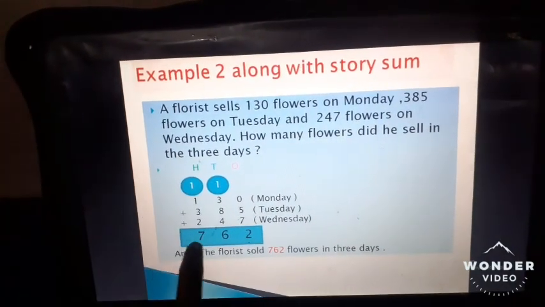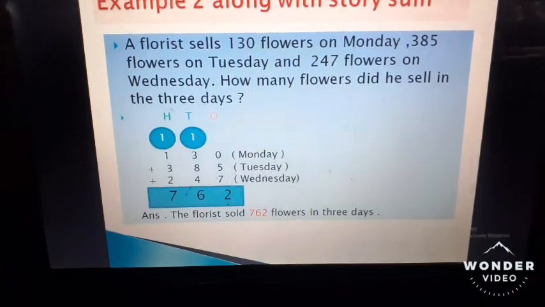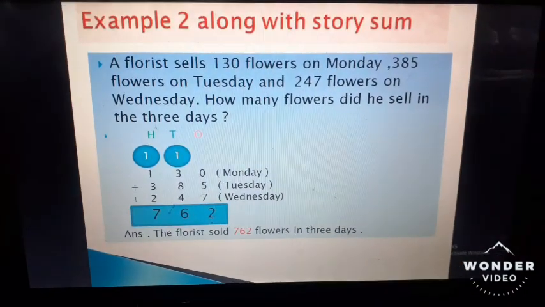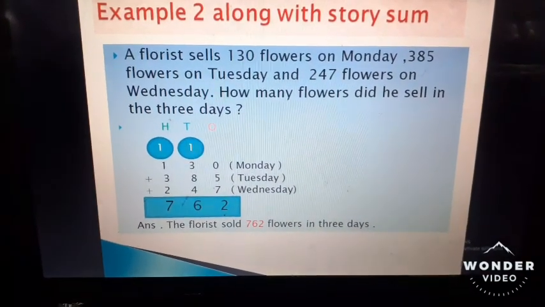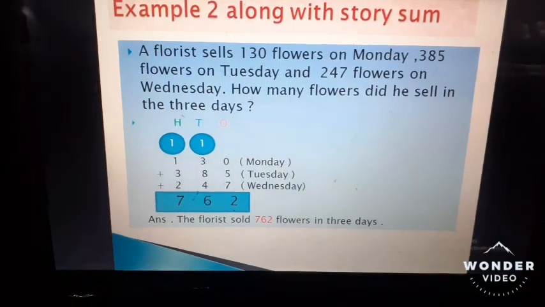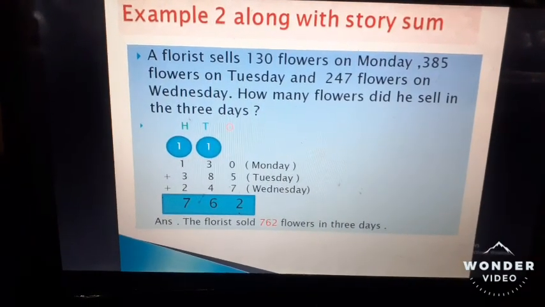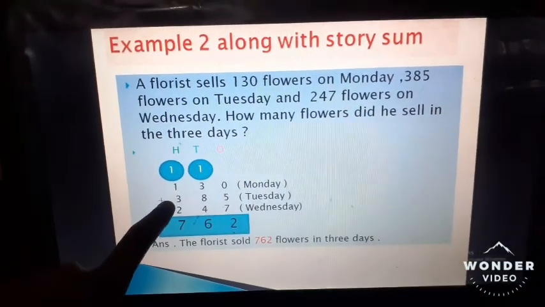Now I have to add all the hundreds. 1 plus 1, students, 1 plus 1 is very easy, that is 2. Now in 2 I have to add 3 more. So 2 will be in my head. For next 3 I will open 3 fingers and I have to count after 2. So 3, 4, 5. 1 plus 1, 2. 2 plus 3, 5.